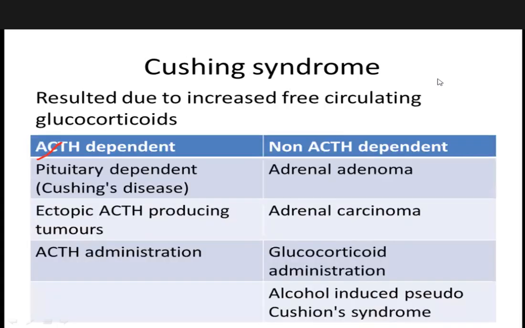So I will move on to Cushing syndrome. Right. So this results from increased circulating free glucocorticoids.